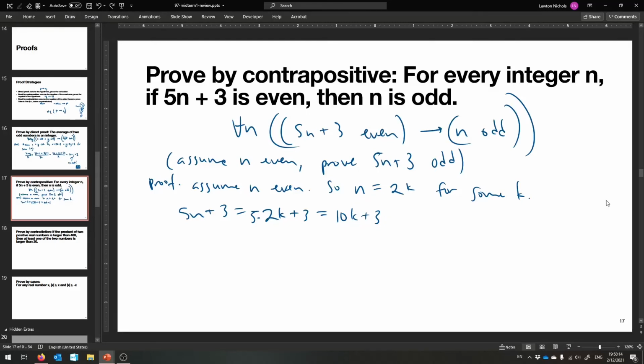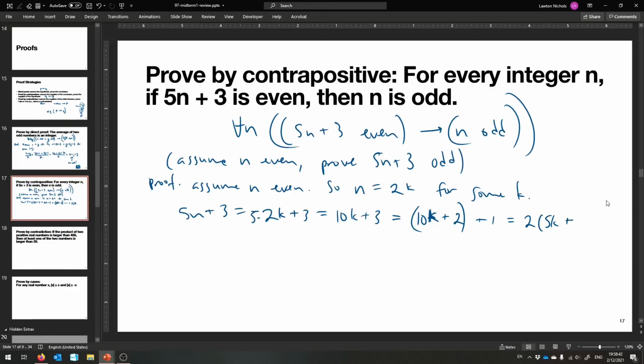And so here's the secret. It's silly, but this is the secret. We bring out a 1. We need a 1 by itself. So we do 10k plus 2 plus 1. That's the same, right? And then we can write our parentheses like this, and I think you can see you can take a 2 out of this. That's silly, but it's possible. That equals 2 times 5k plus 1, plus 1. This is not 10 to the k, the k is down here.